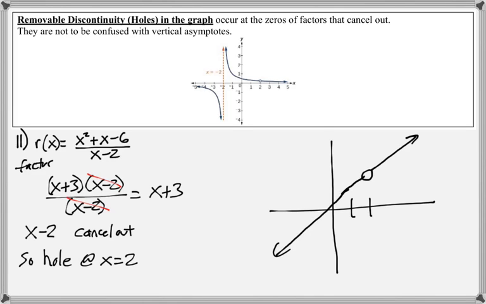And if you graph it on your calculator, x plus 3, it should just show the line. If you look at just x plus 3, we know that x plus 3 is a line. But what's interesting is if you graph the original one, it should show up the same.